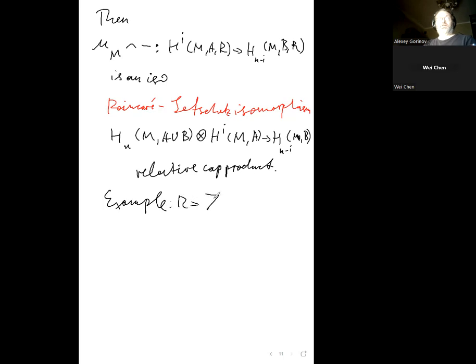Let's say R equals Z, M equal to the surface of genus 2 minus 2 disks.